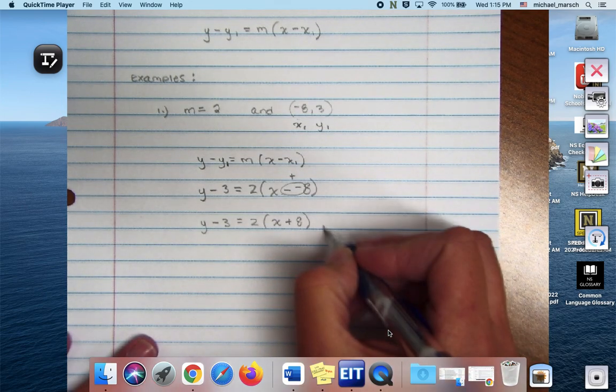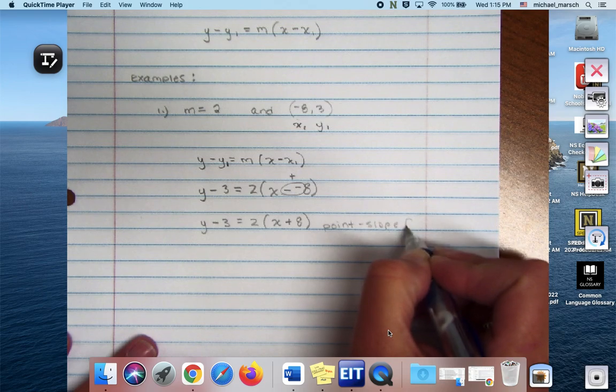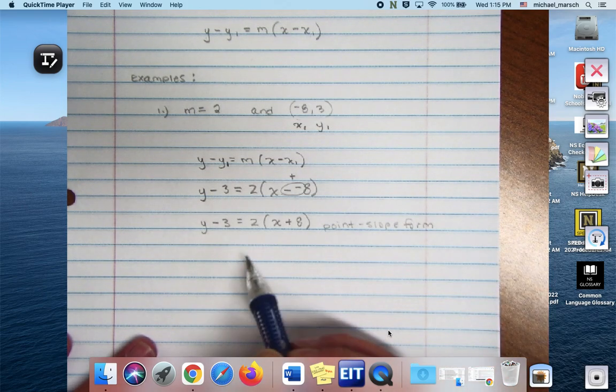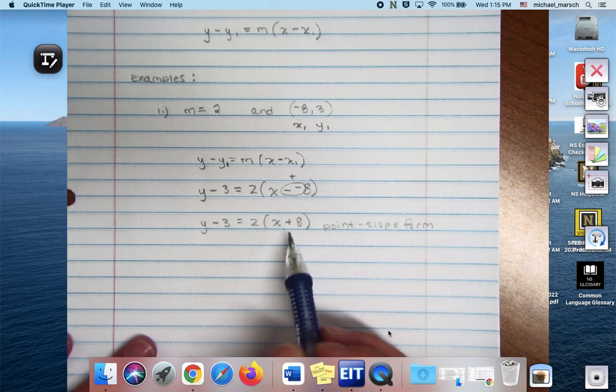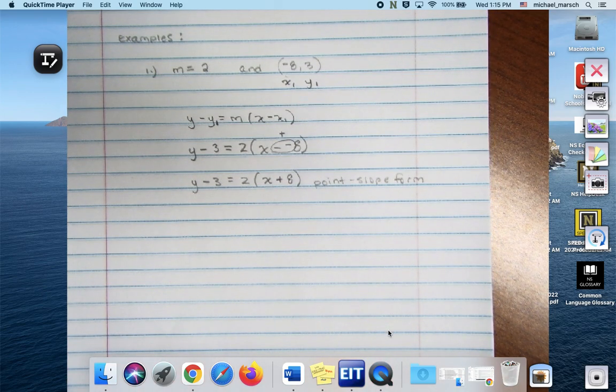This right here is point slope form. We have our point in the formula and we have our slope in the formula. Everybody with me? We took the point, we took the slope, we put it into point slope formula. So now you're probably thinking, well, how does that turn into slope-intercept form?